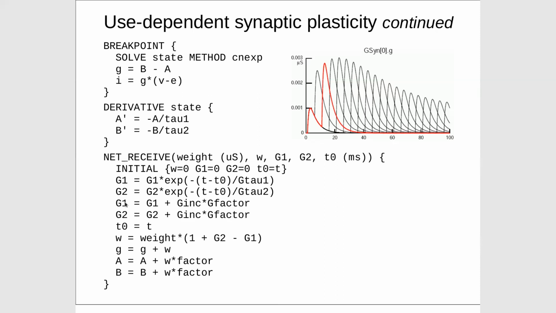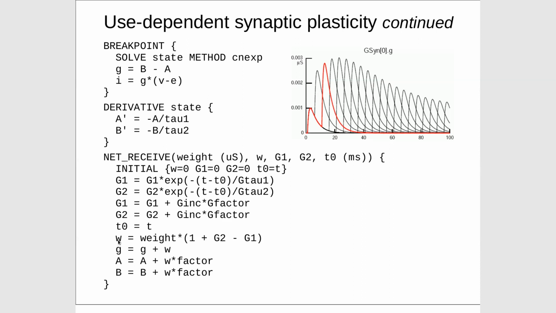And now we do the thing that potentiates G1 and G2. We increase G1 by whatever the factor is supposed to be, and we increment G2 by whatever factor it's supposed to be. We reset the time of the most recent activation to the current time, and we figure out what the effective weight should be.